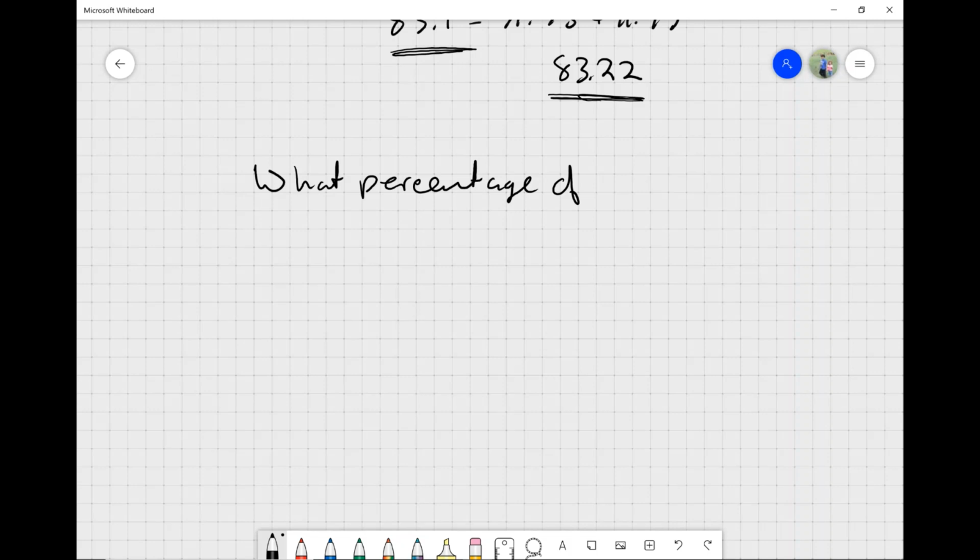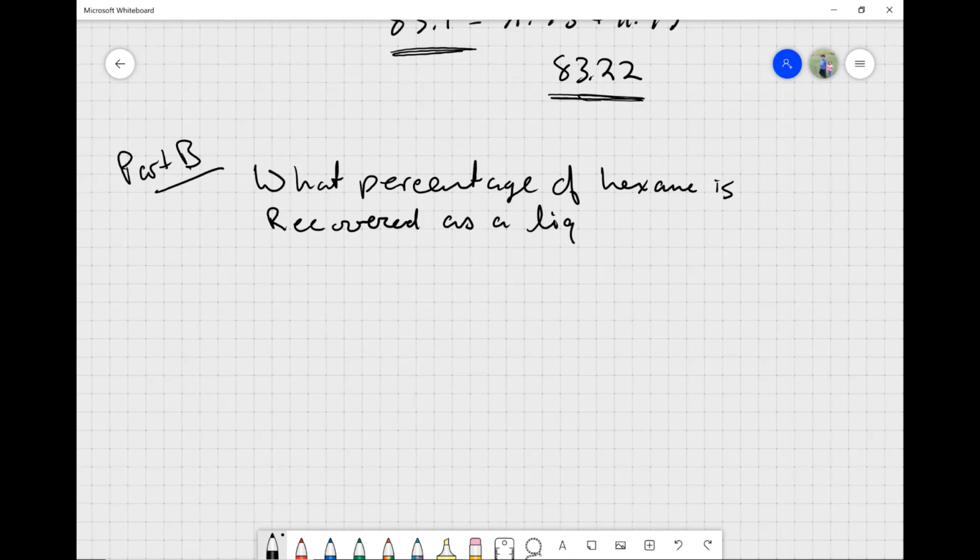So the part B: what percentage of hexane is recovered as a liquid?